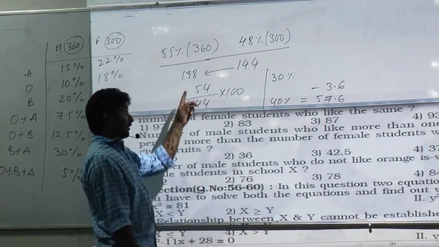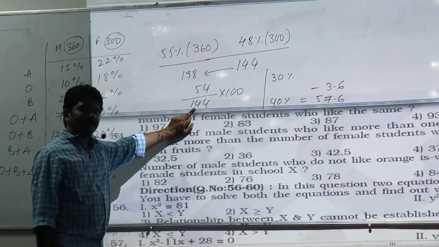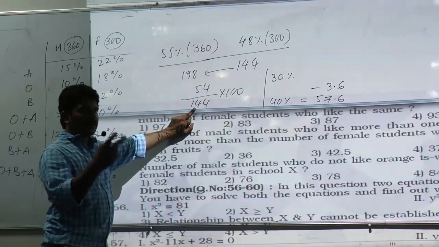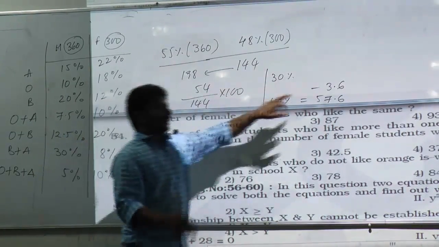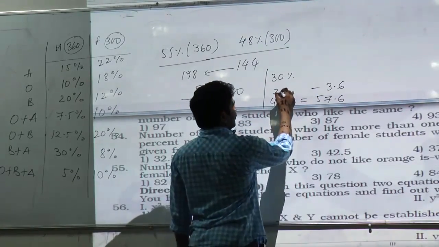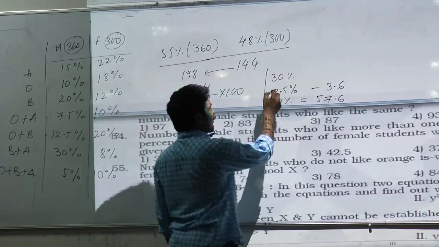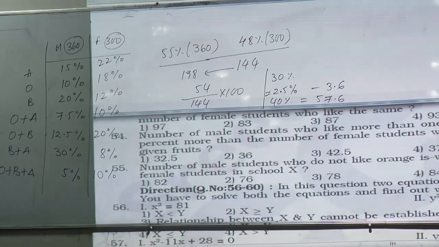Yes, then you will get 54. Look at the denominator. What is 1%? 2%? 2.8. 3%? Definitely more than this. So that will be about 2.5% approximately. 40% minus 2.5%, 37.5%.